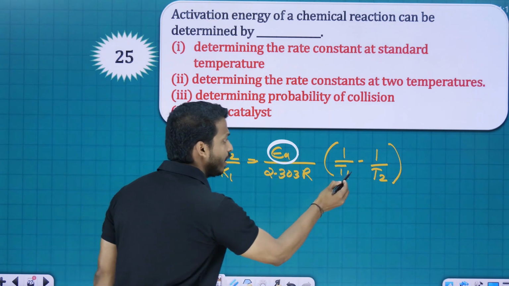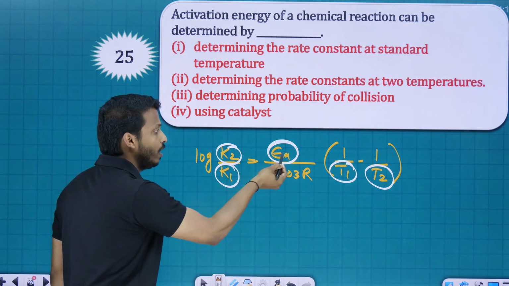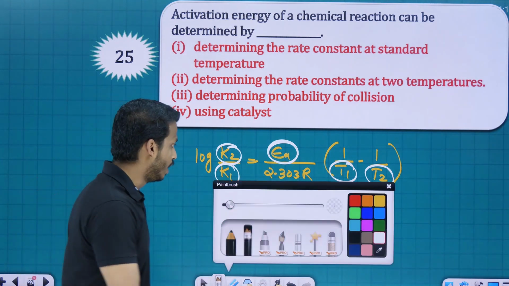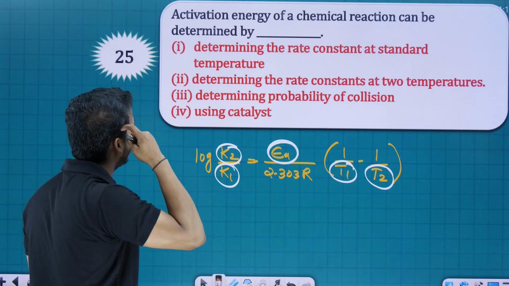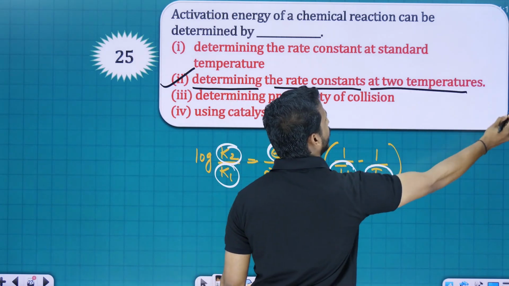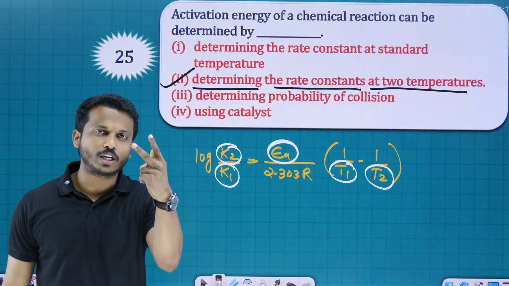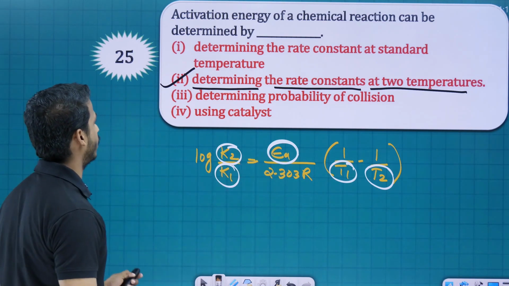Activation energy. If they give two temperatures and two rate constants, we can calculate activation energy. So what is the answer here? Option 2, determining the rate constant at two temperatures.